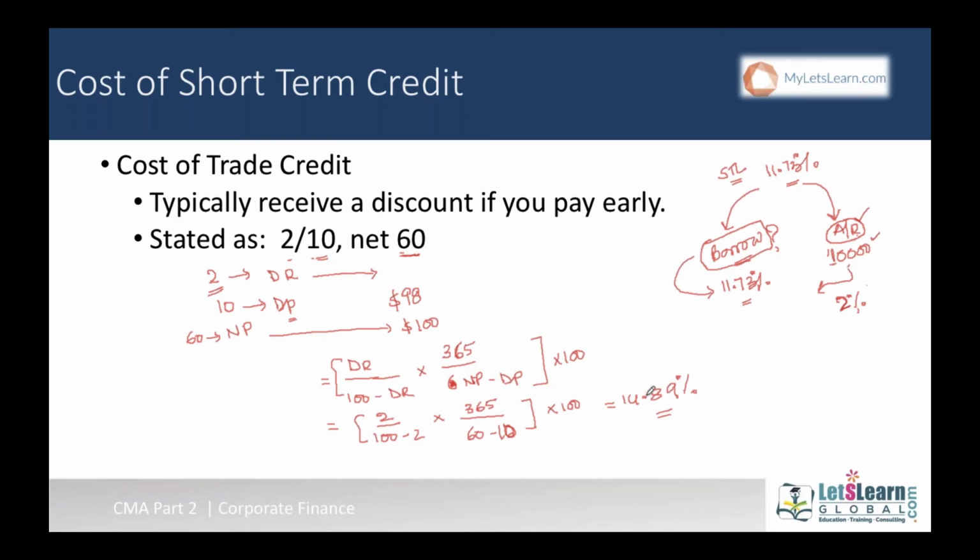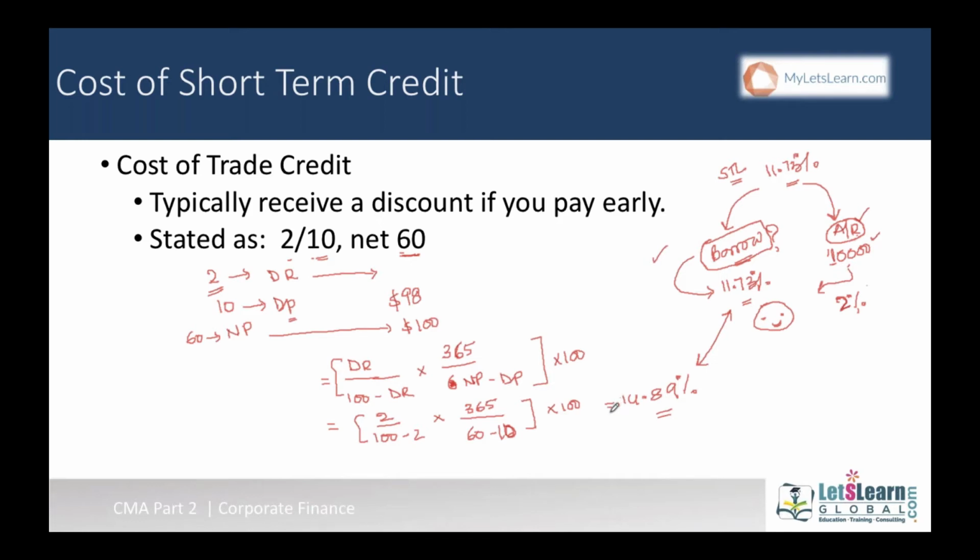Whereas if you borrow money from a financial institution for the same period, it is going to be 11.73%. So when we compare the cost of borrowing and the cost of giving a discount, we feel that the cost of borrowing is more profitable than the cost of giving a discount. So we prefer to borrow rather than giving a discount to our customer.